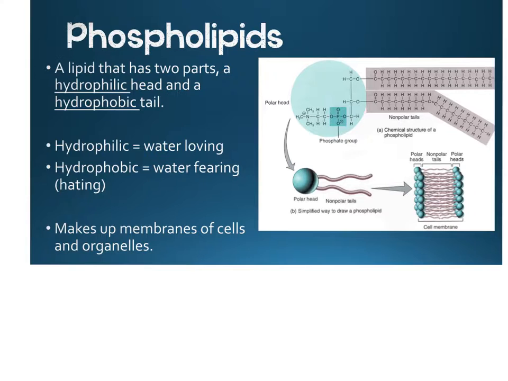Now, phospholipids are made up of a structure like such. They start out, they have a head. Oops. Let's redraw that. They have a head, and then they have these tails that come off of them, and they line up next to each other like such.